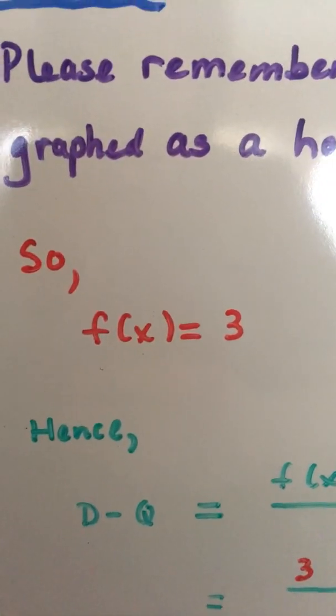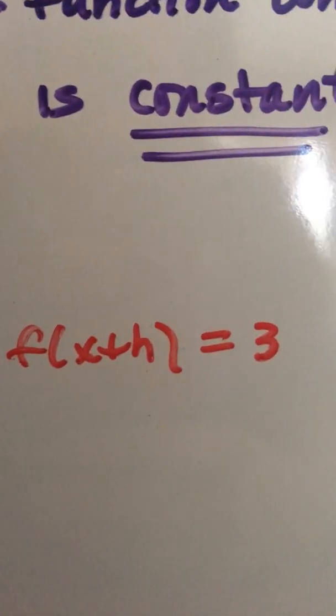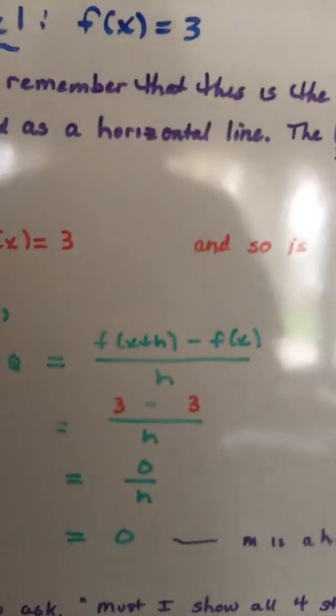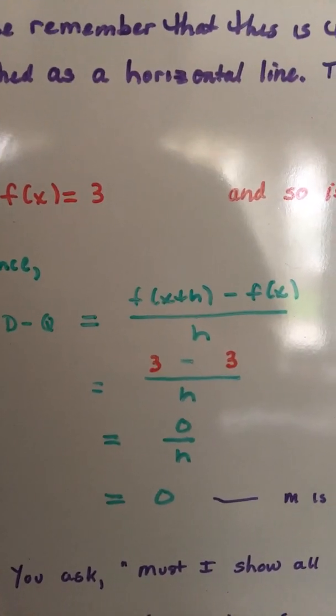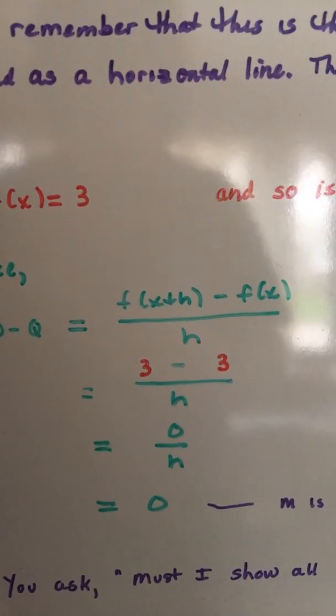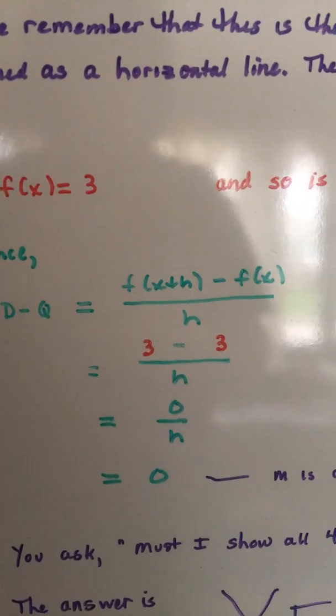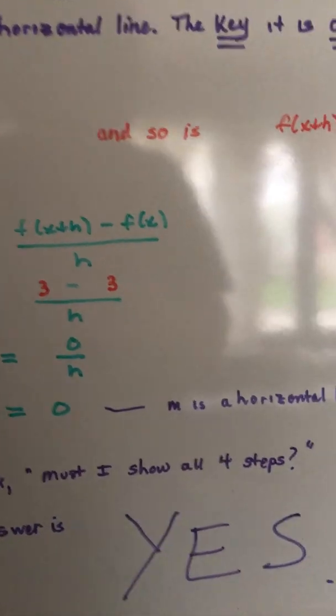So f of x is equal to 3, and I substitute in something else, x plus h. It's still 3. I substitute into my formula, which I always write. The difference quotient is f of x plus h minus f of x over h. And 3 minus 3 is 0, and 0 over h is 0.